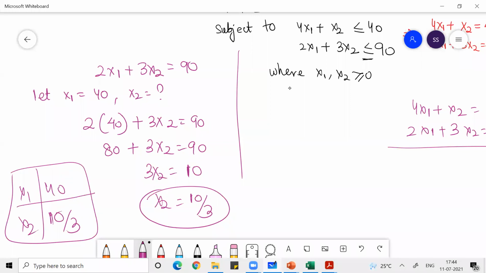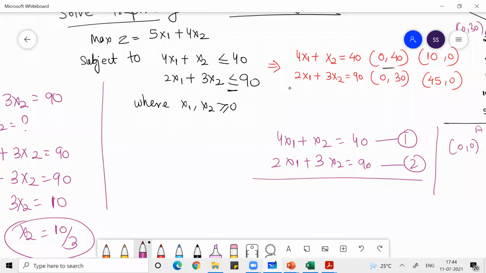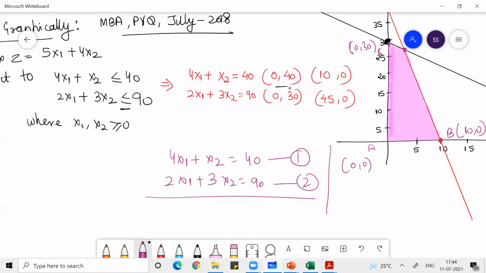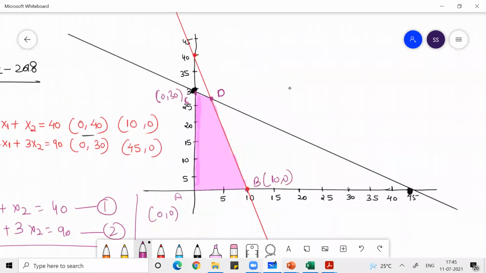For this equation, I need to write it out, then only I can tell you. But if I put 0, I can get the answer very easily. The purpose of taking 0 is just to make the scenario easy. You can put any value of x1 and get the corresponding value of x2. Clear, Pavitra? Okay, sir.